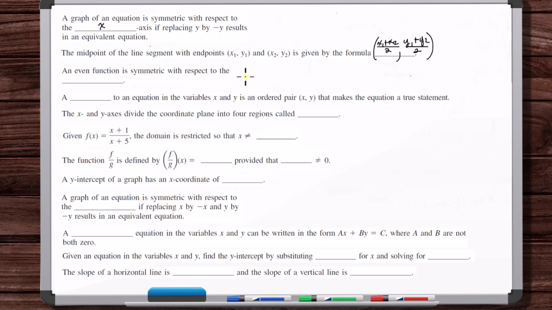Now, if you restrict that to just functions, then you're also restricting the potential forms of symmetry, because a function can't be symmetric with respect to the x-axis, because then it wouldn't be a function, right? Unless it's the trivial case where f of x is equal to 0. So there's only 2 potential forms of symmetry for a function: symmetric with respect to the y-axis, symmetric with respect to the origin. If symmetric with respect to the y-axis, it's called an even function.